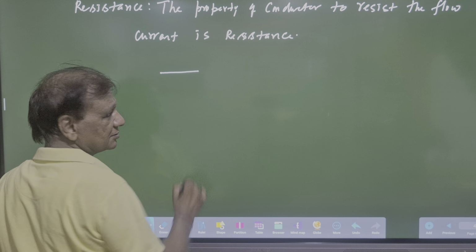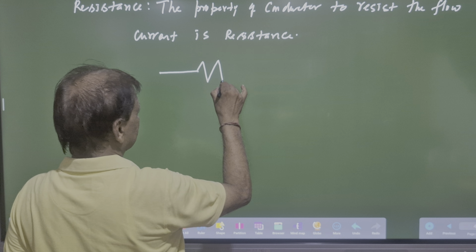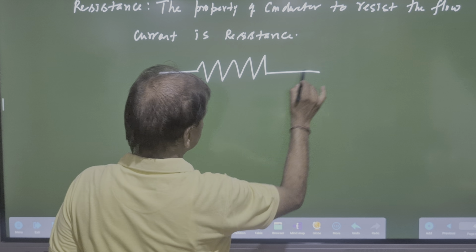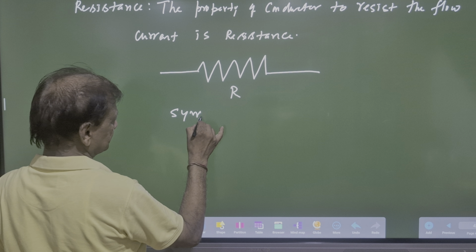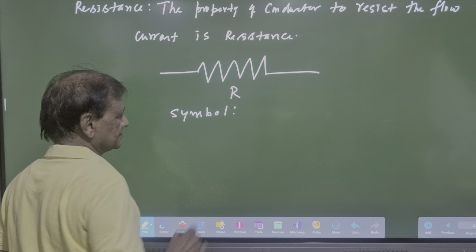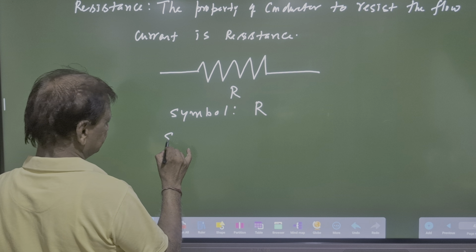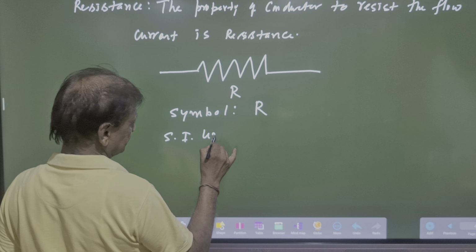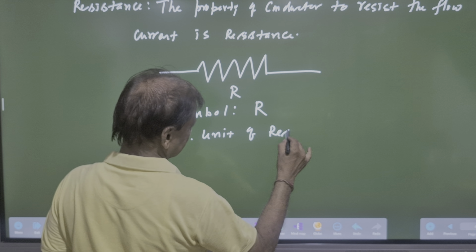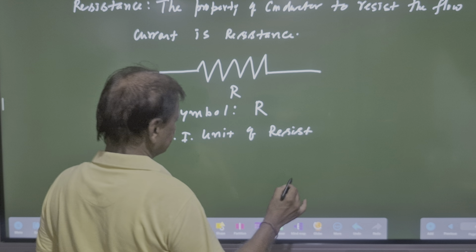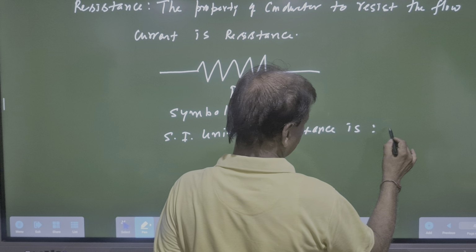We symbolize the resistance, or put it in a picture, like this, and the symbol is R. The SI unit is ohm.